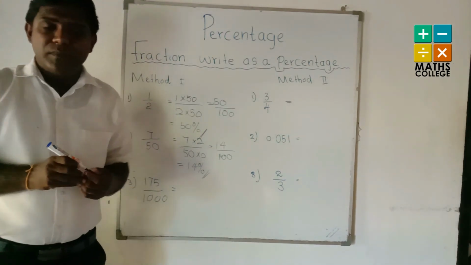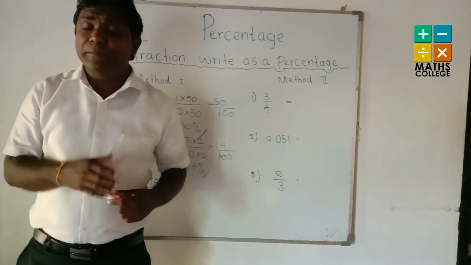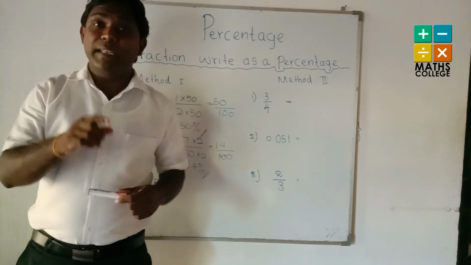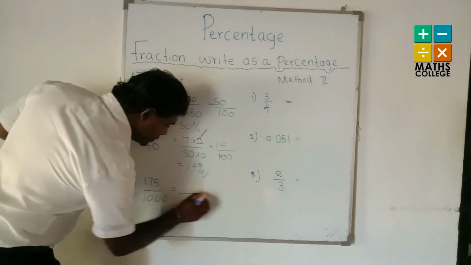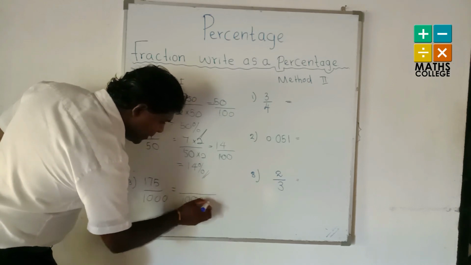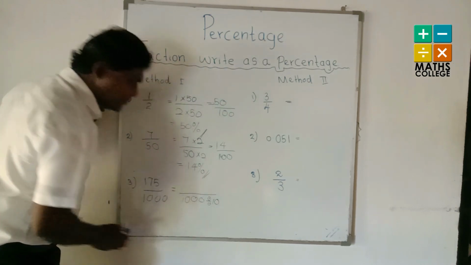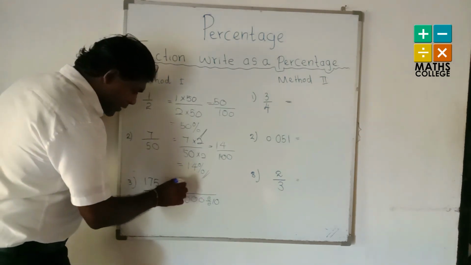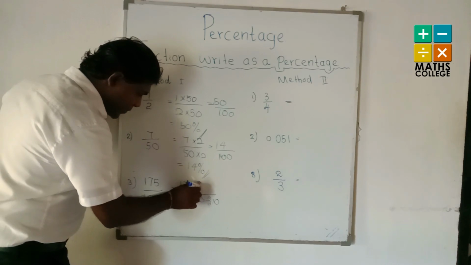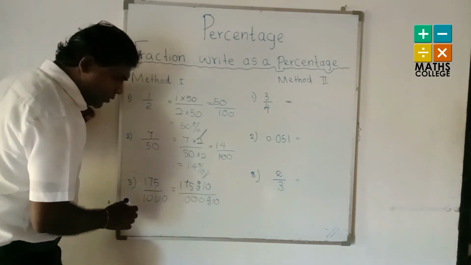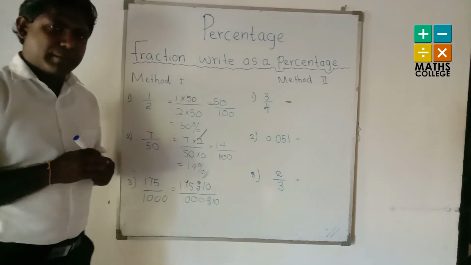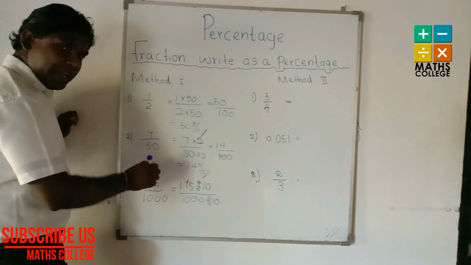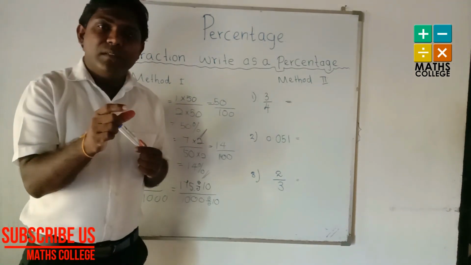Here 1000, how to write as a 100? Yes, 1000 we can divide by 10, and accordingly equivalent fraction knowledge, the numerator also divided by 10. You know, when divided by 10, what happened? This decimal point jumps left side because the value is decreased.